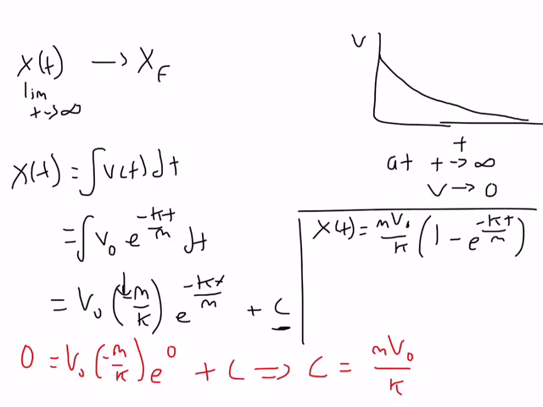Okay? So then we evaluate this as limit t to infinity. And in that limit, this becomes 0, so we're left with x goes to m v naught over k, and so that's the total distance that we travel.